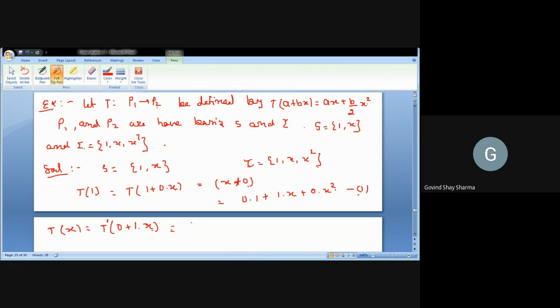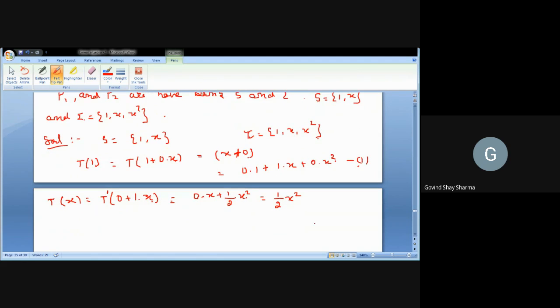So a is equal to 0 and b is equal to 1, and this gives us one half x^2. Now we write one half x^2 in the form of the tau basis, 1, x, x^2: 0 times 1 plus 0 times x plus one half x^2. This is our result.